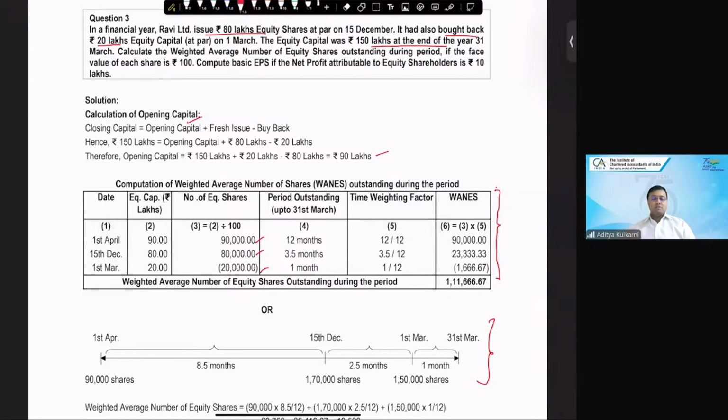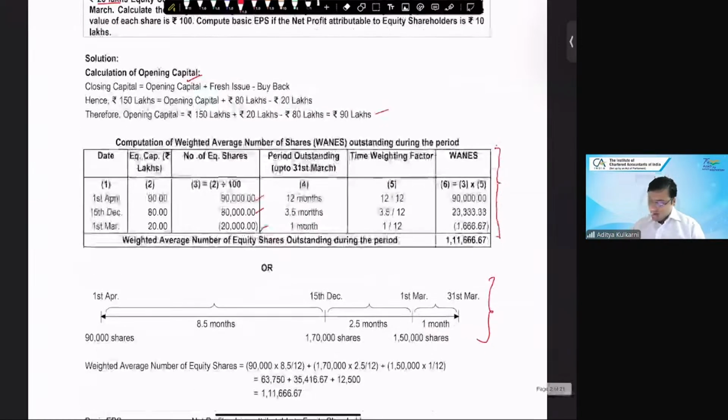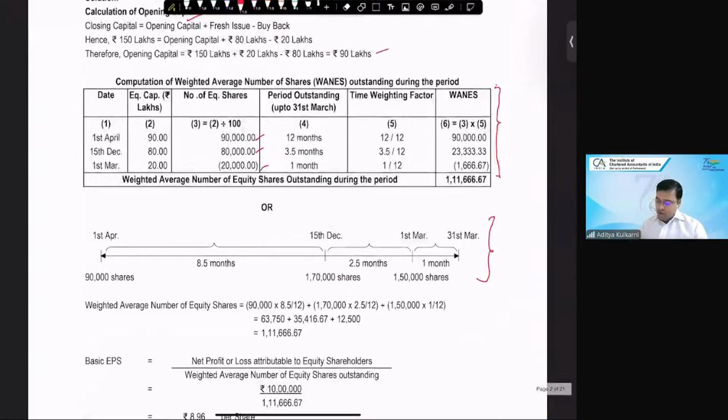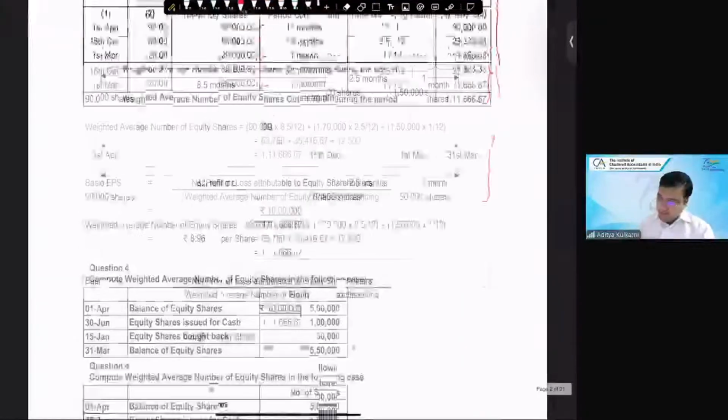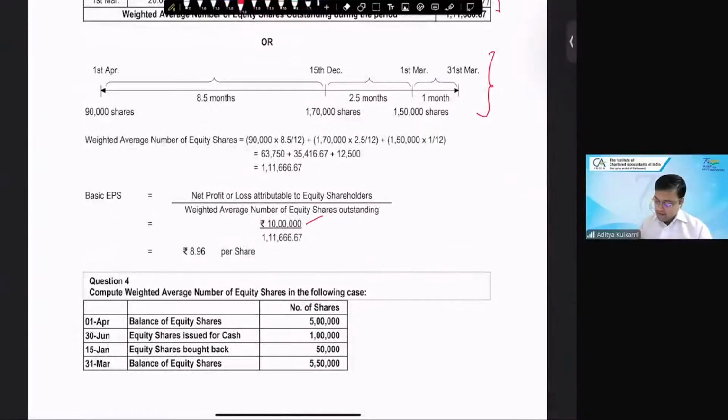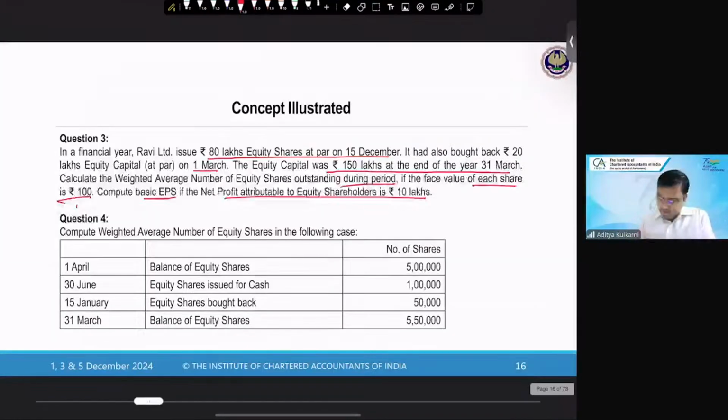So your basic EPS is nothing but net profit attributable to equity shareholders, rupees 10 lakhs, divided by the weighted average number. So it comes to 8.96 per share. Shall we proceed further?